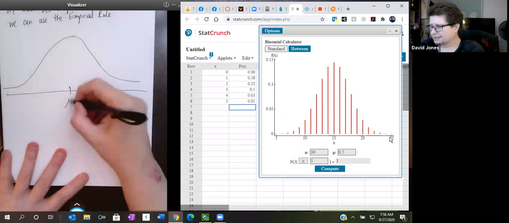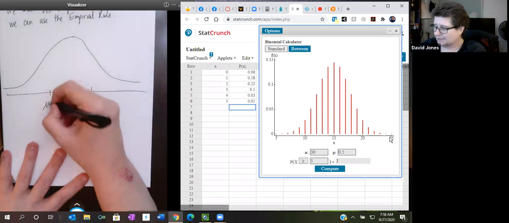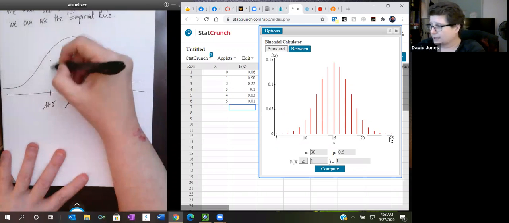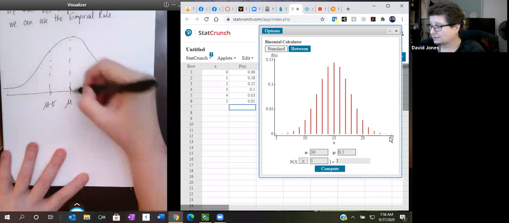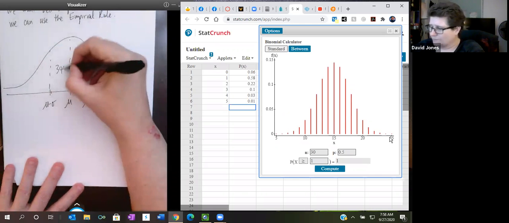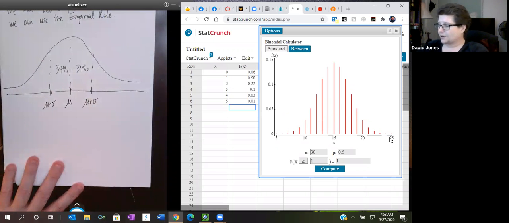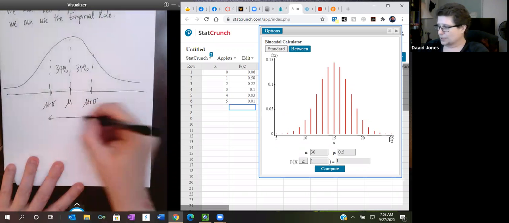The mean's in the center. We can go out one deviation left or right. I'll break this up into regions. Each direction from the mean is 34% if we go out one deviation, or 68% between these two.